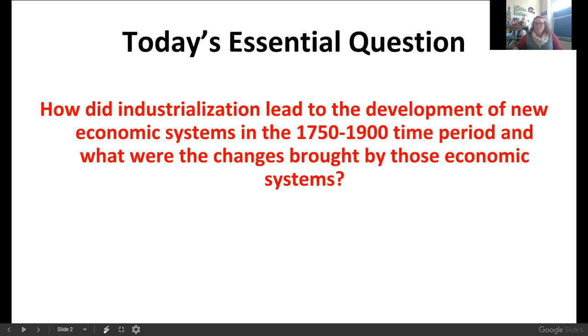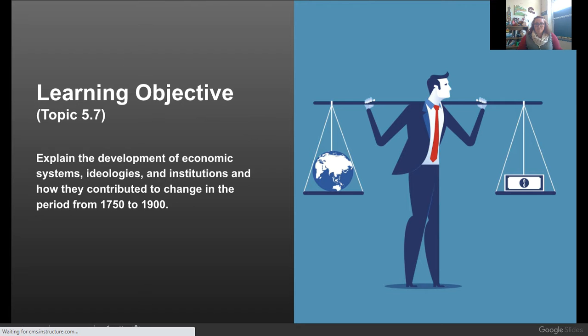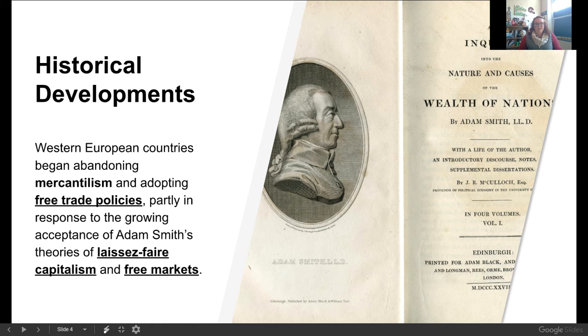So, we also want to address the changes that brought about these economic systems. We have already started to have this conversation when we started to talk about capitalism, socialism, and communism. Well, today we're going to explore those a little bit further. So we're going to look at these different ideologies and institutions and how they all contributed to change economically.